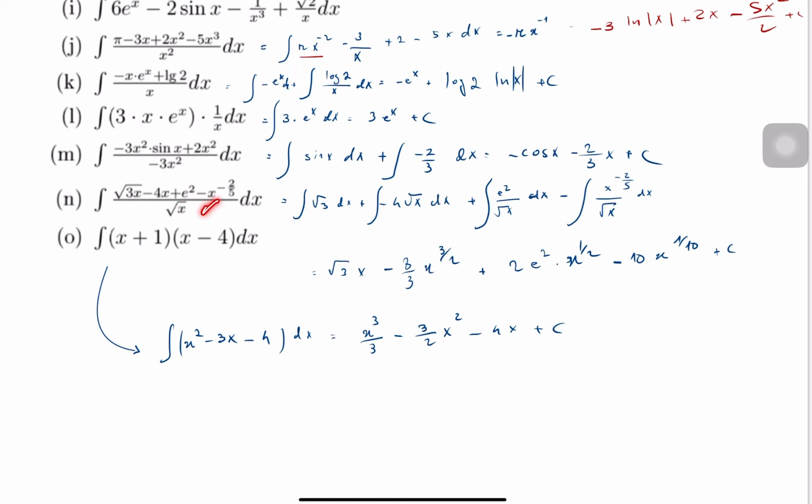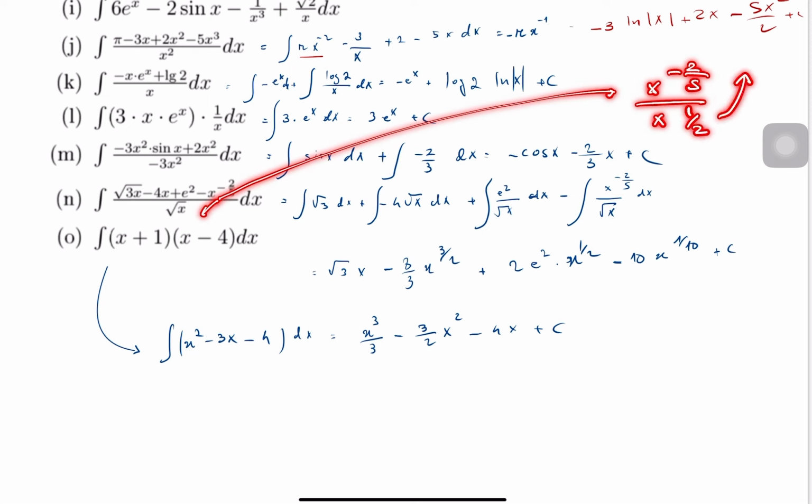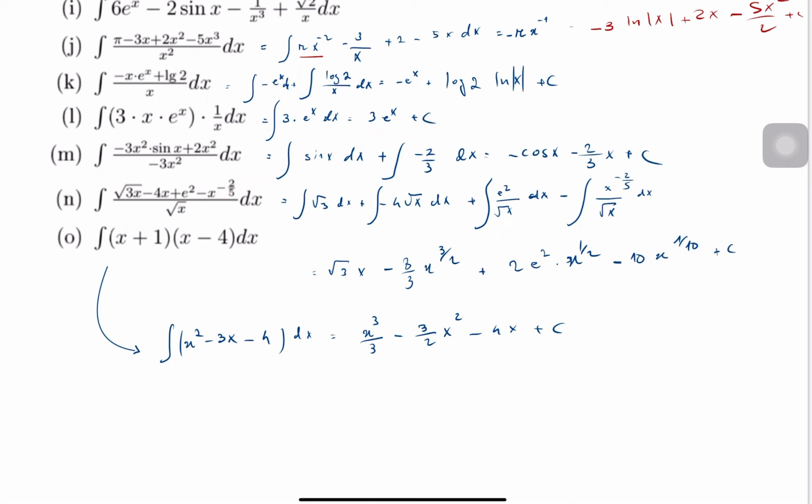And this one I can simplify like this. x power minus 2 per 5 divide x per 1, 2. And we bring up. And the result will be minus 2 per 5 per radical x. We have to simplify it. Okay, it will be here.